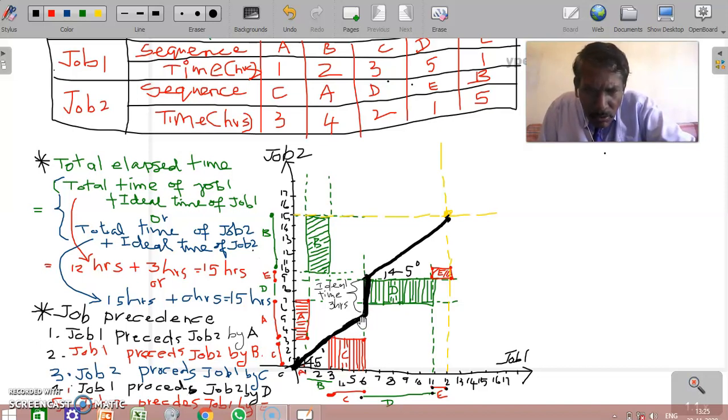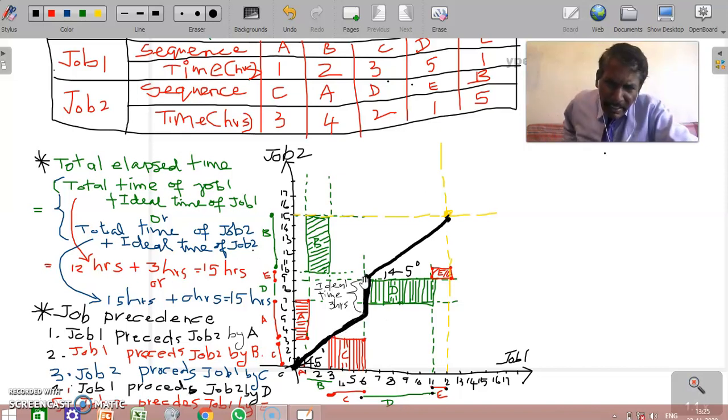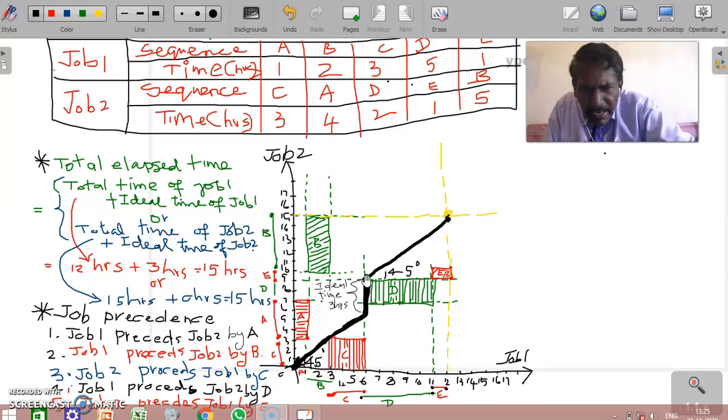We should not go like this and join here. We have to go like this. If the box is away, then you have to draw the vertical line.